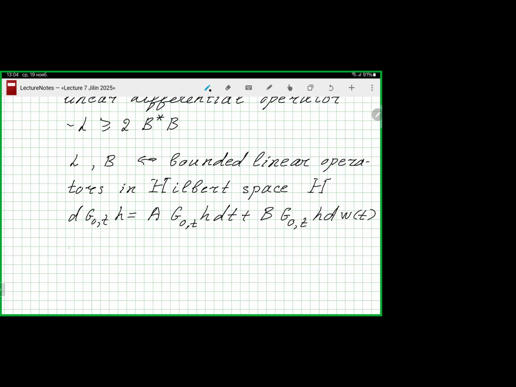And in this case, as we began to discuss yesterday, these elements of the equation, like operator A, operator B, together with W_t, can be recovered from our stochastic semigroup J. Namely, it can be proved that if A and B are bounded operators, so they belong to the set of bounded operators in H, then there exist limits.